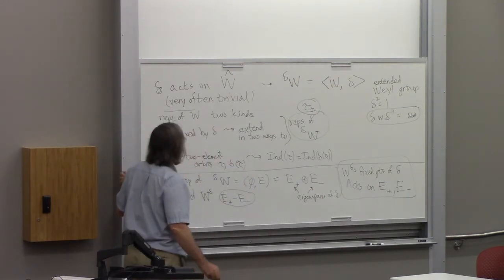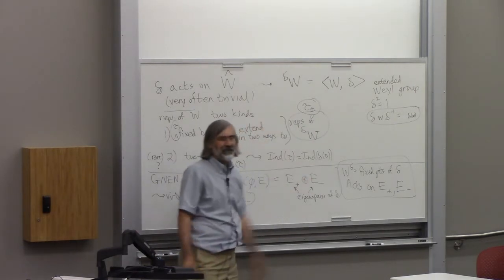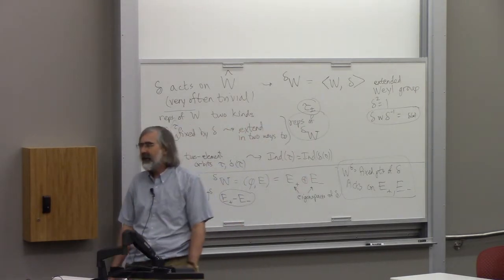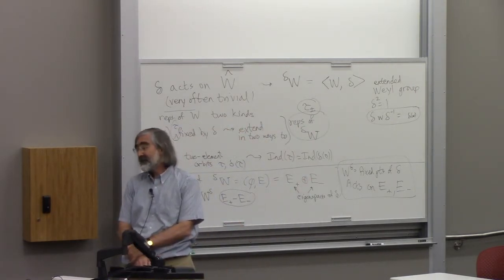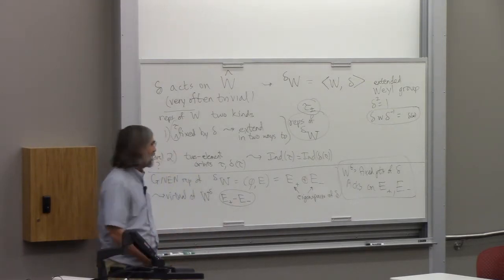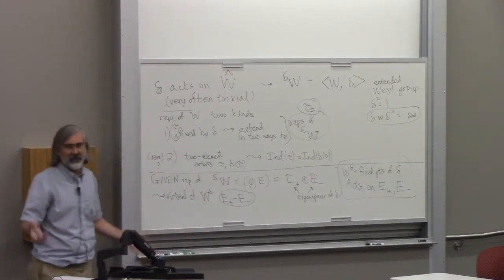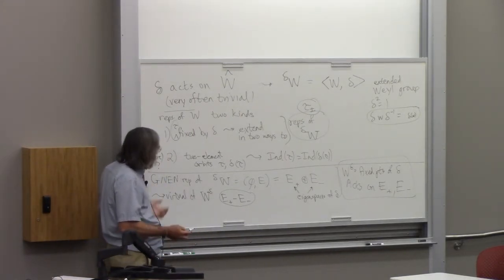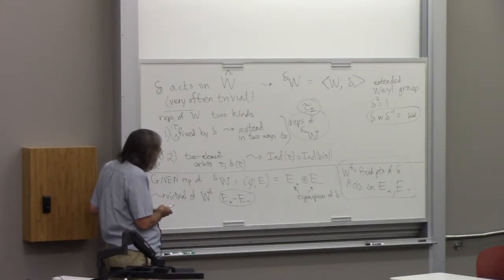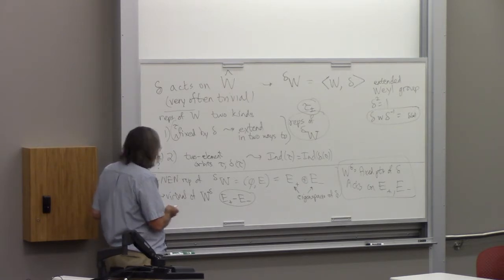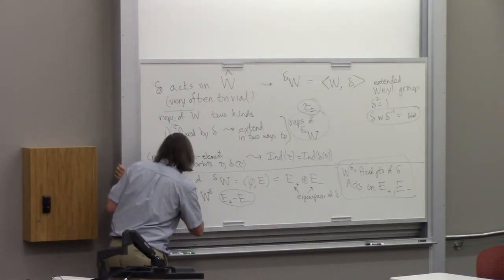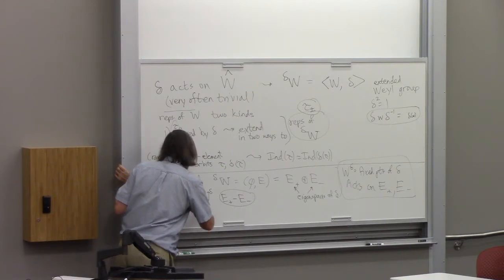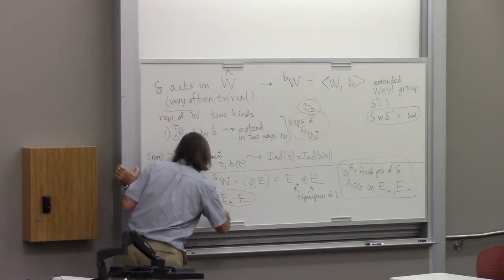So you can get a virtual representation of W upper delta, which is E plus minus E minus. That notation is really terrible because of this. It's the end of the conference. I'm not going to fix it. What you get is 0 if E is induced.